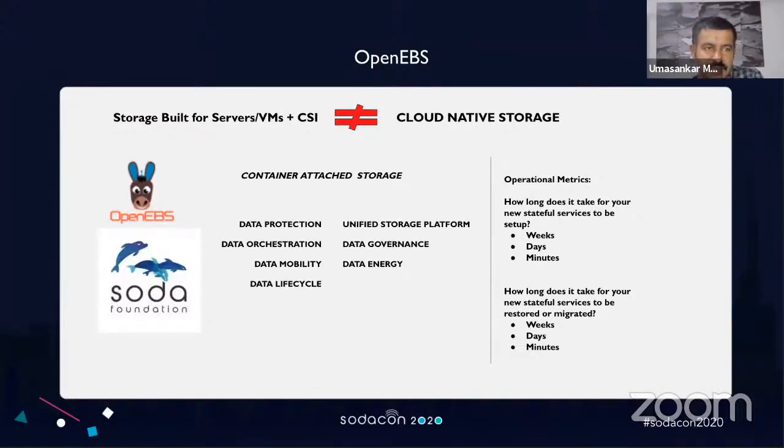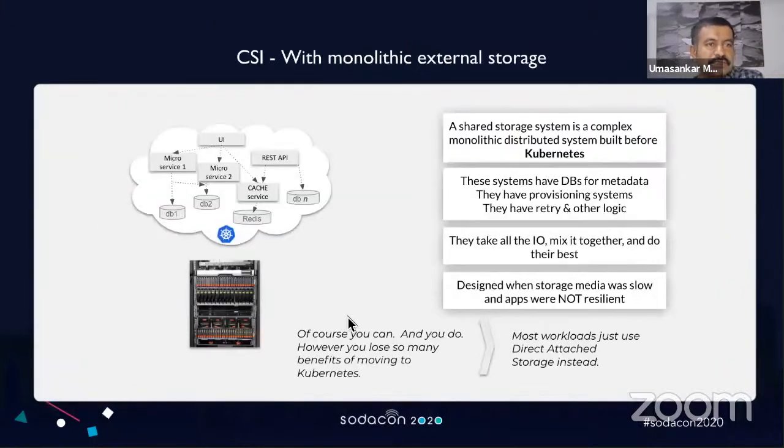So what OpenEBS does is provide Kubernetes native technology that can work underneath with the CSI driver, and then it can connect to various different actual storage disks, right? That's probably the biggest value add that we are giving, native Kubernetes based storage, and that unifies a lot of this value proposition.